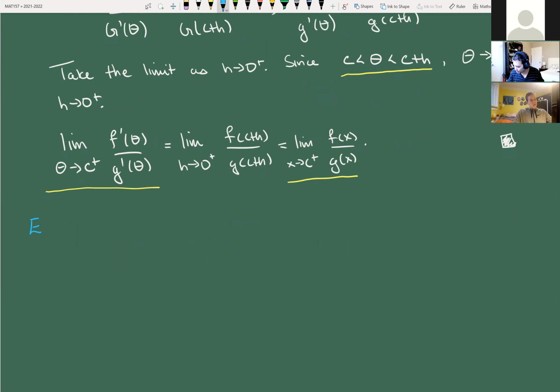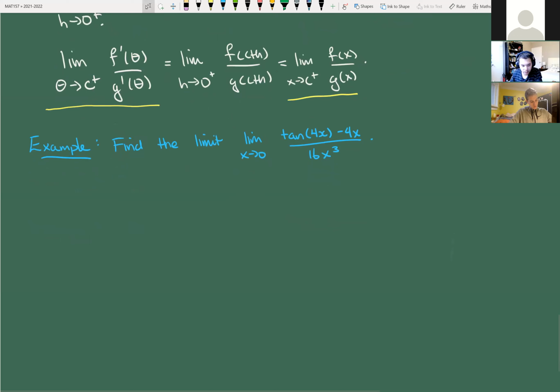So the great thing about L'Hopital is that if you need to apply it multiple times, to take many derivatives, you can do it as many times as you like. So find the limit as x approaches 0 of tan 4x minus 4x, all divided by 16x cubed.